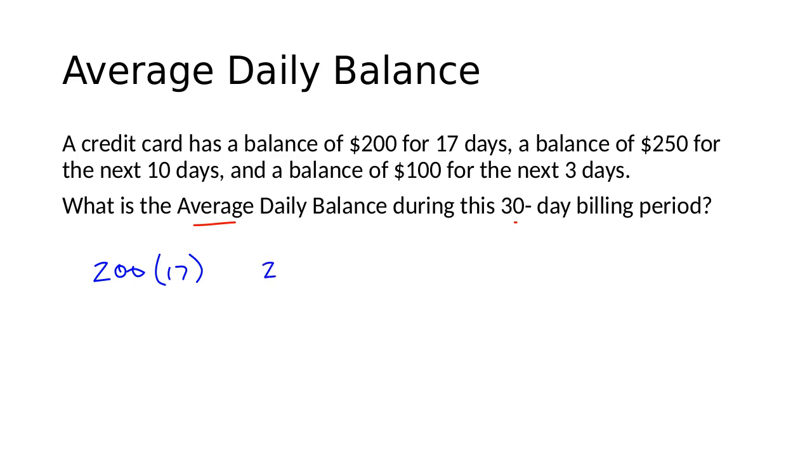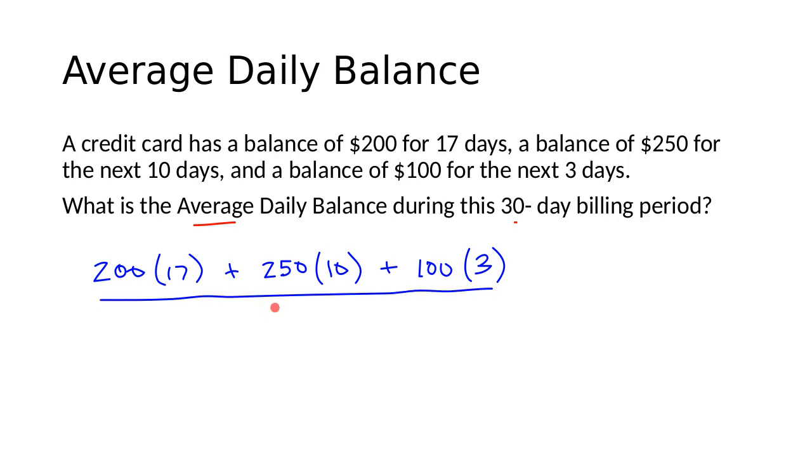And it was $250 for 10 days, so we'll multiply those together. It was $100 for 3 days, we'll multiply those together. And then we're going to add up all of this because we're adding up what the balance was on each of the 30 days. And we're going to divide the whole thing by 30 to get the average daily balance.